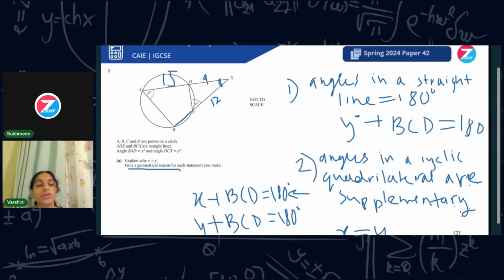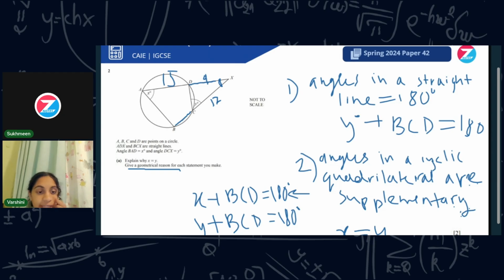We've just proved over here that this triangle and this triangle are similar. So the scale factor will be the same for the sides that are equal. This side is going to correspond to this side, and this side over here, CX, is going to correspond to AX.